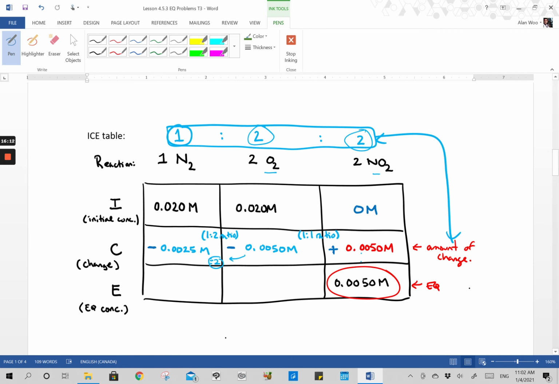So if you start with 0.020 molarity of N2 and it changes by 0.0025, then it's just 0.020 minus 0.0025. So you subtract, and when you subtract those two numbers, you get 0.175 molarity.